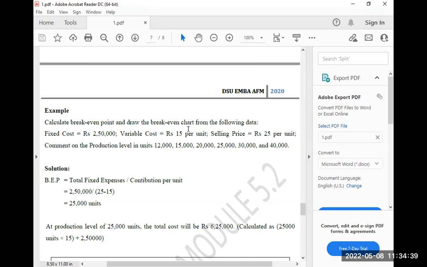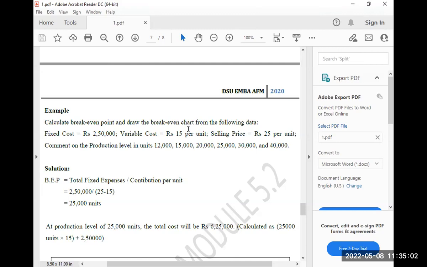Next, what is the contribution per unit? Calculate the contribution per unit. Contribution per unit is equal to selling price per unit minus variable cost per unit. That is equal to 25 rupees minus 15 rupees.